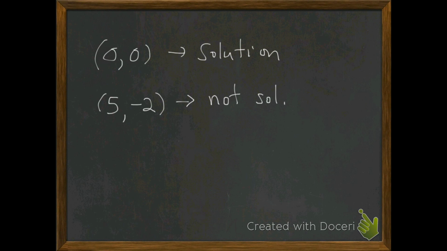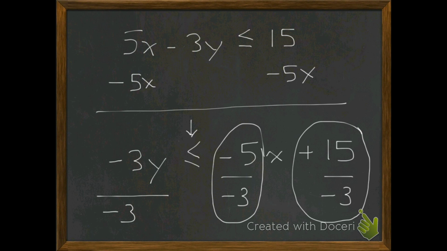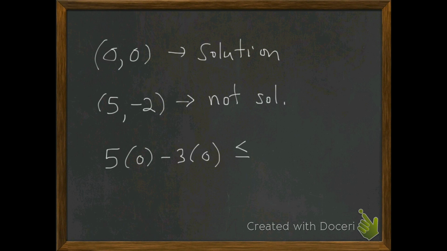Now, if we go back to our original problem, 5x minus 3y less than or equal to 15. You'll see when I put this information in that I get 0 minus 0 is definitely less than 15.